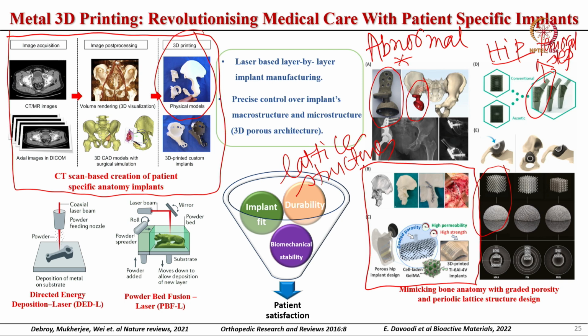So, implant fitting, implant durability and biomechanical stability, particularly in the context of orthopedic surgery or neurosurgeries, are very important, right. Without that, the patient might need to undergo revision surgery if these criteria are not fulfilled. I emphasize again, implant fitting, durability, biomechanical stability, these are very important.